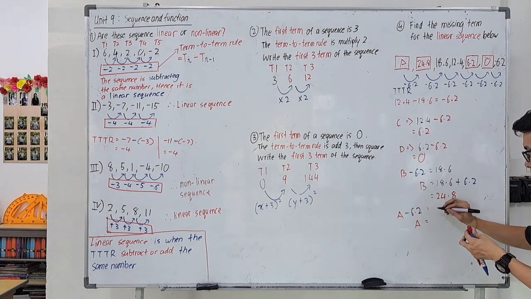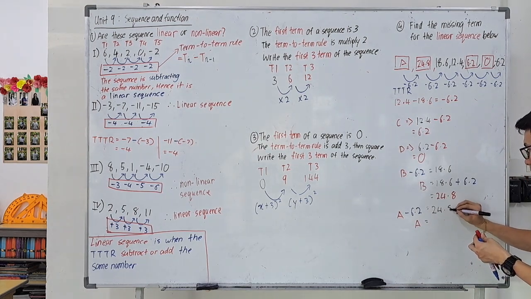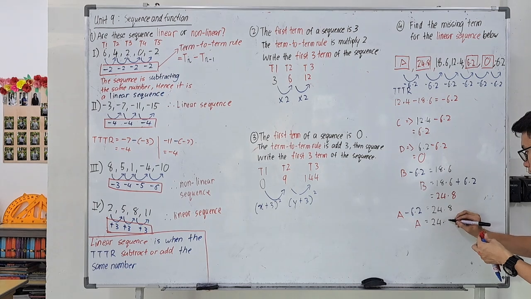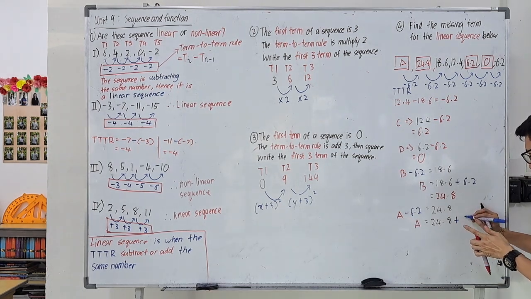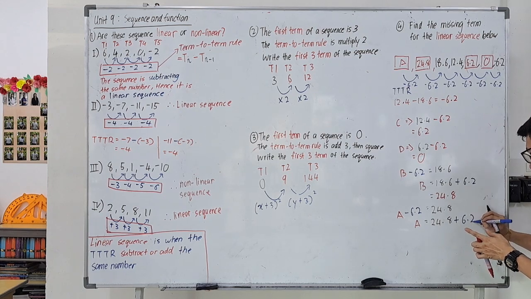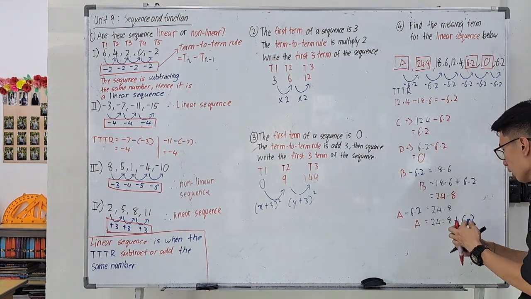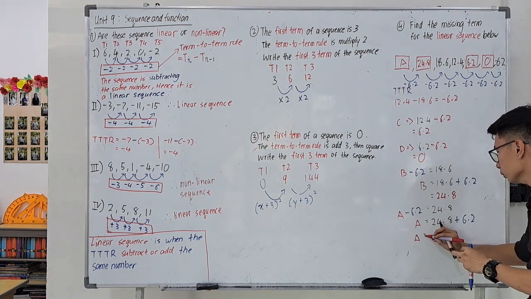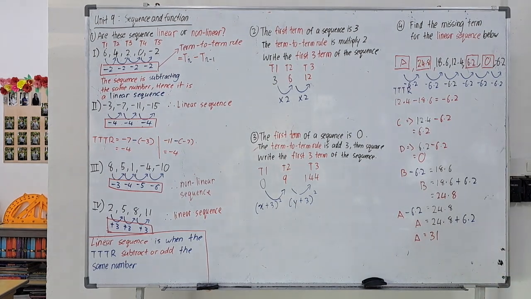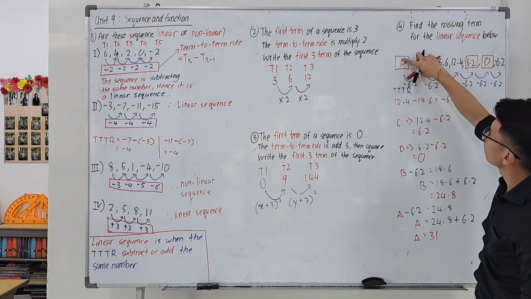That is supposed to be 24.8. 24.8 plus 6.2, okay? And A should give me 31.